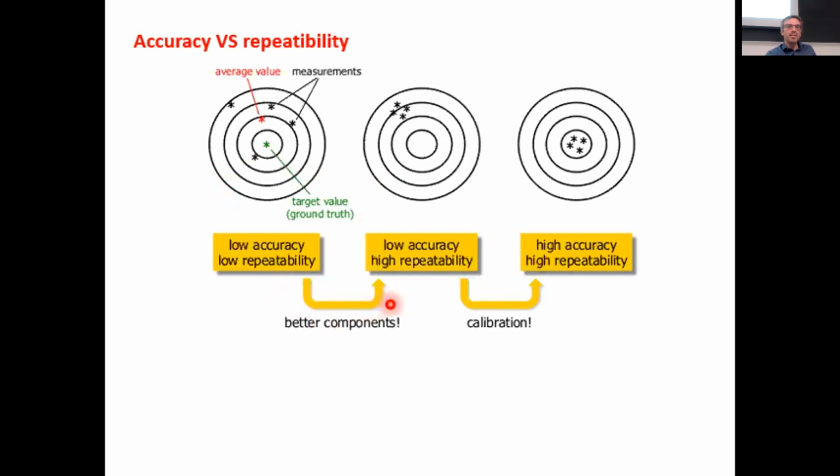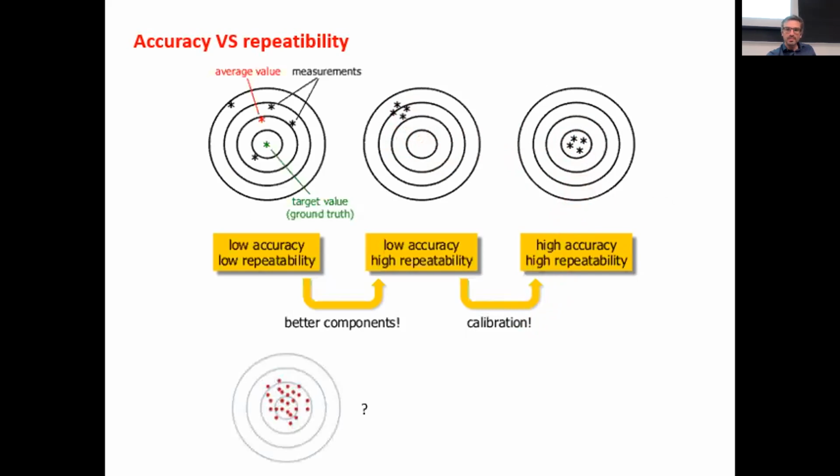We buy a better amplifier, we do noise rejection in our system, and then we improve the repeatability, but we still have low accuracy. All the measurements are very close, but there is an offset, a measurement error with respect to the real ground truth value. Then we want to improve also accuracy. We do a calibration, and we can compensate this systematic error, and we have high accuracy and high repeatability.